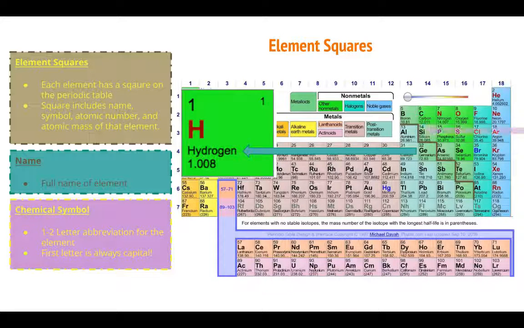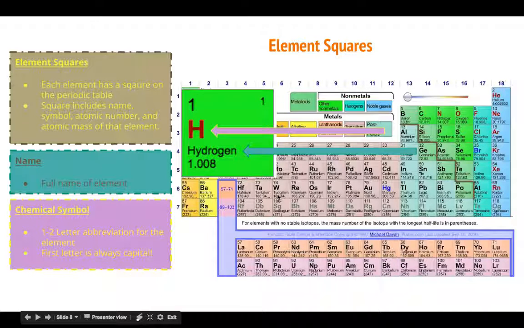Then we have the chemical symbol, which is usually 1 or 2 letters. Well, it's always 1 or 2 letters. It abbreviates the name. Sometimes, like for tungsten here, it's W, but the word is tungsten. There's no W in tungsten. Sometimes they had different names back in the day and they changed them later but kept the symbol. It's kind of weird.